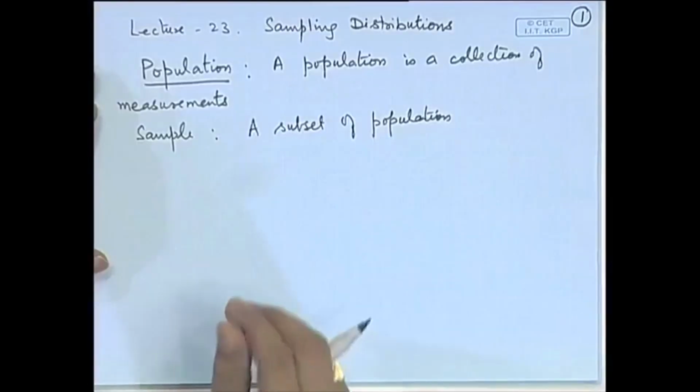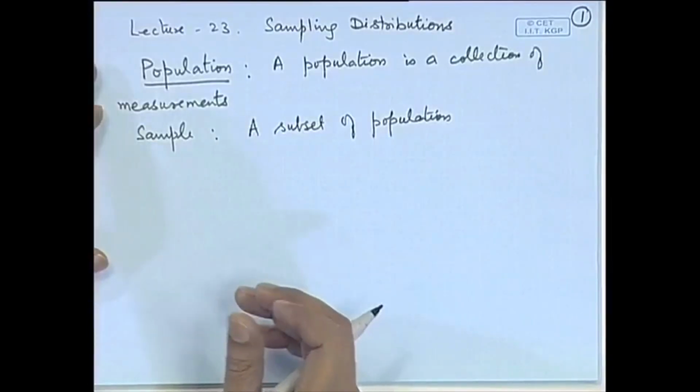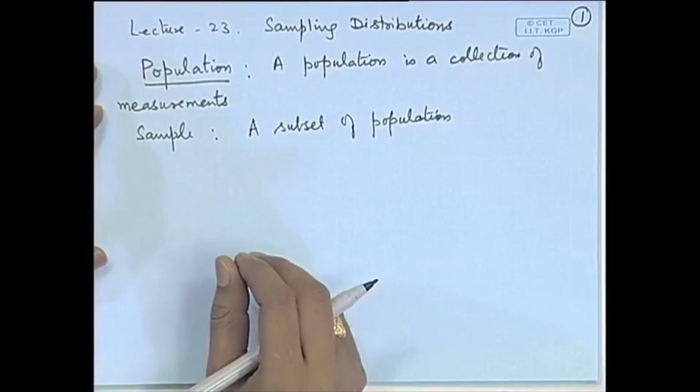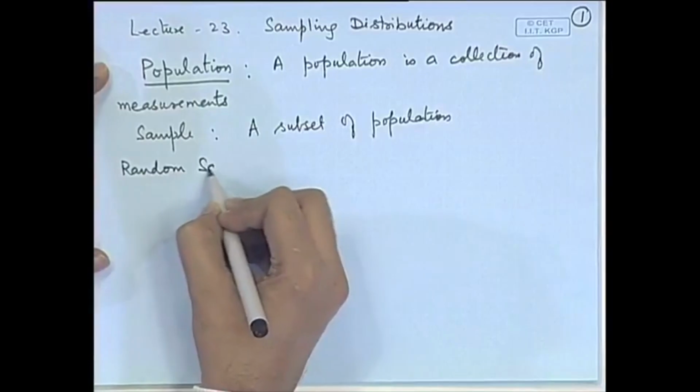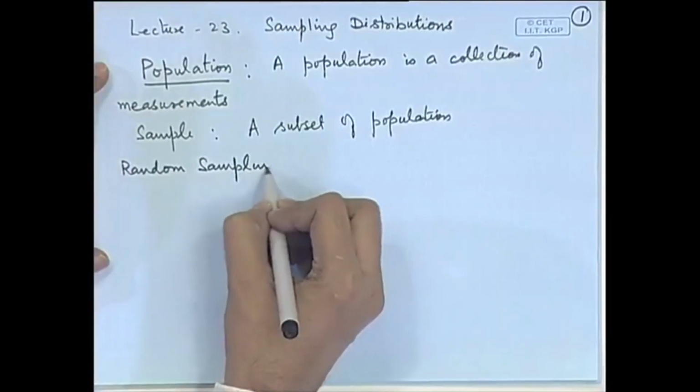However, this is the method of sampling, which is part of another topic called sampling theory or sampling techniques. In this course, we assume that we already have a random sample and proceed with that. So, what is a random sample in the context of distribution theory?